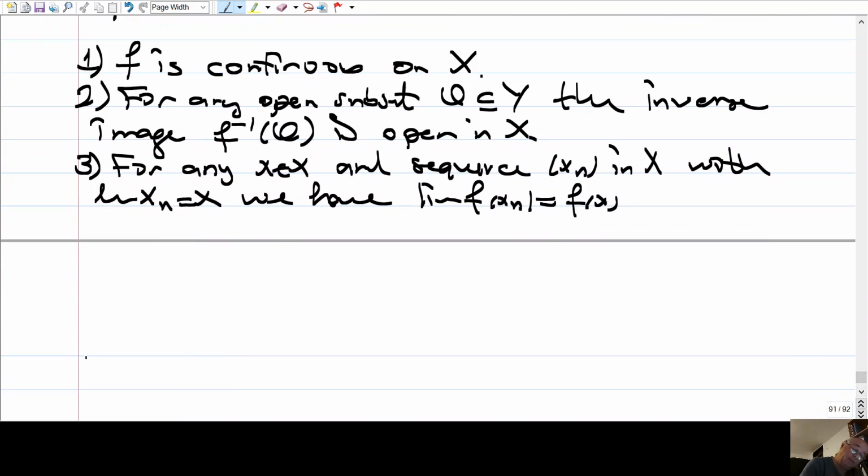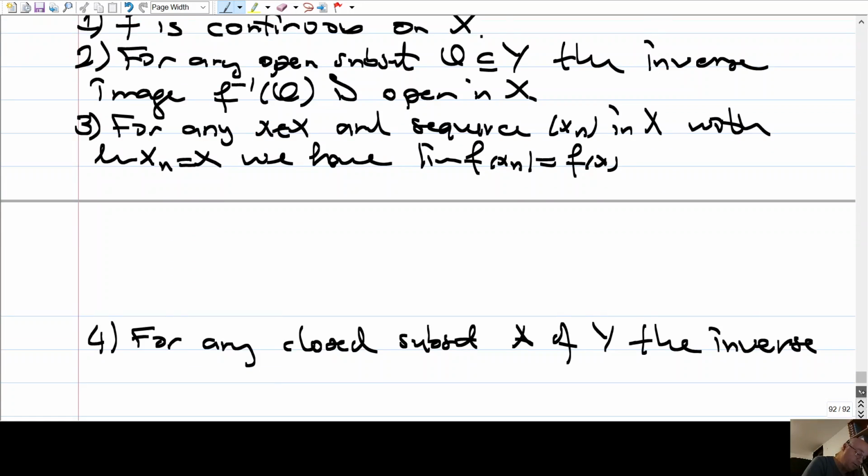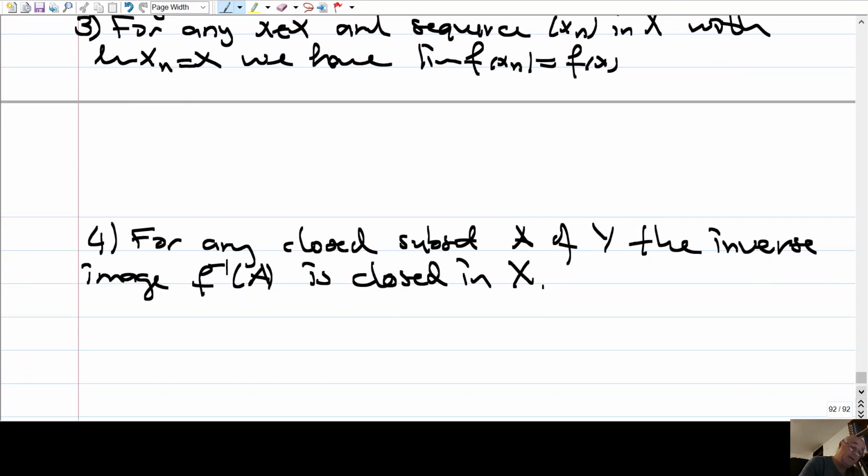The last one is this about closed sets. For any closed subset A of Y, the inverse image f inverse of A is closed in X. So this is actually the only one we haven't seen so far.